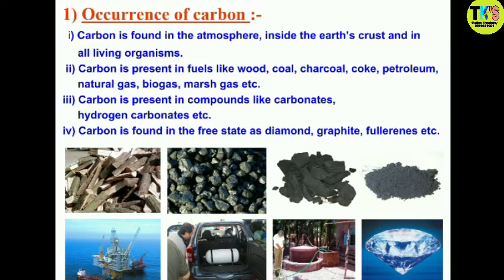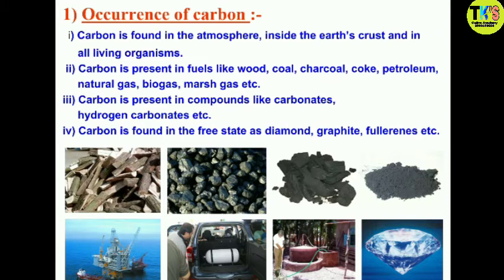The earth has 3 layers: crust, mantle and core, and in earth's crust carbon is found, and in all living organisms, in plants and in our body. Second, carbon is present in fuels like wood, coal, charcoal, coke, petroleum, natural gas, biogas, marsh gas, etc. Third, carbon is present in compounds like carbonates, hydrogen carbonates.